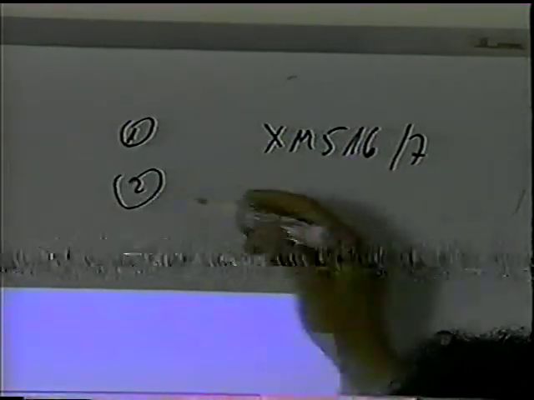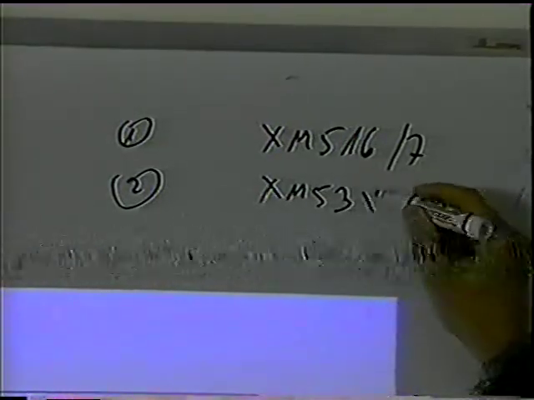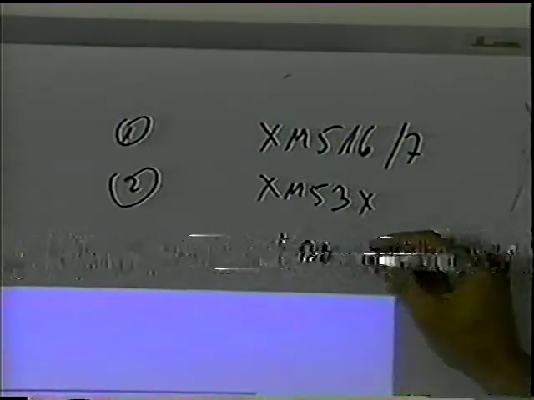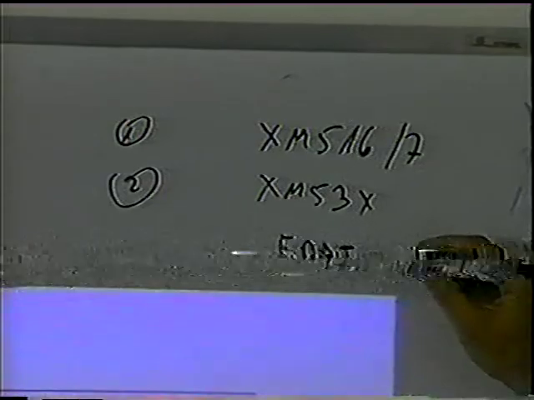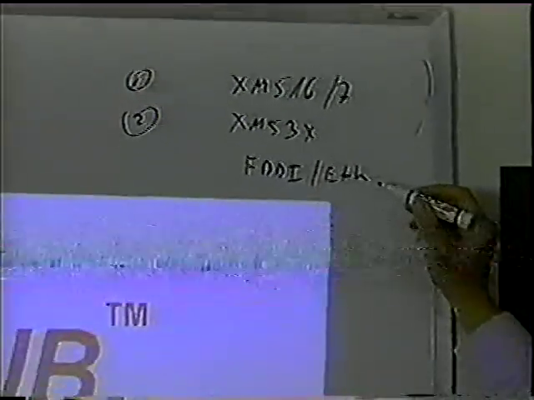The second generation is a family called XM530X. This is an FDDI to Ethernet switching card.